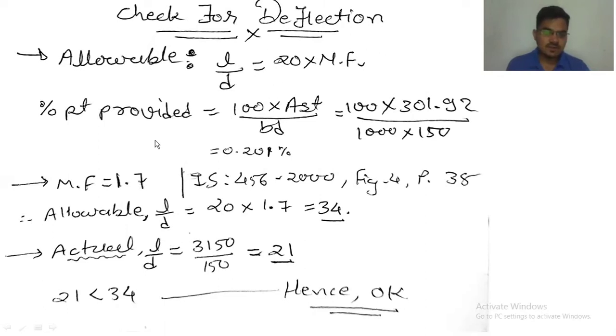Our provided modification factor is 1.7, and 20 into 1.7 is 34, the allowable value. The actual L by D is 3150 upon 150, which is 21. So actual deflection is less than allowable deflection, so it is safe.